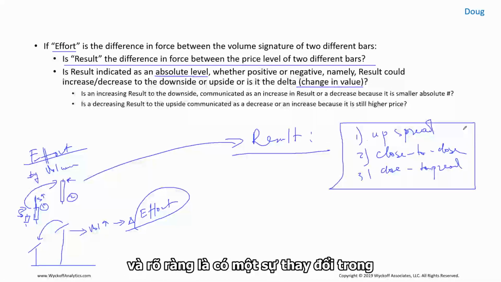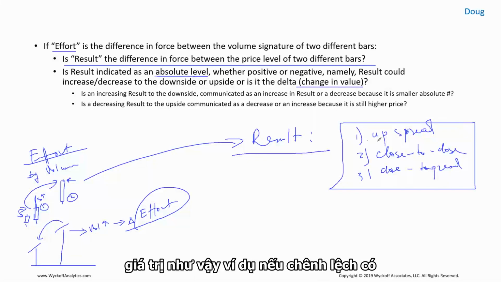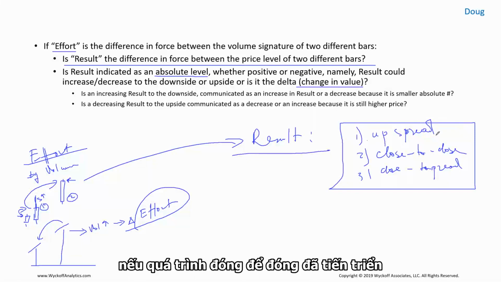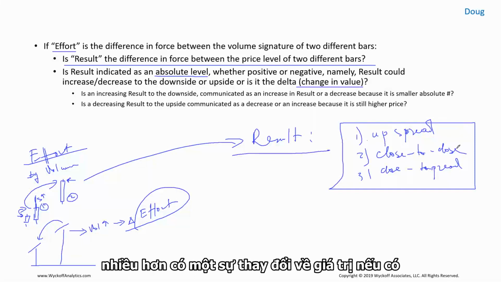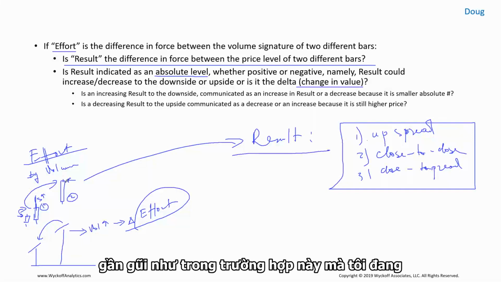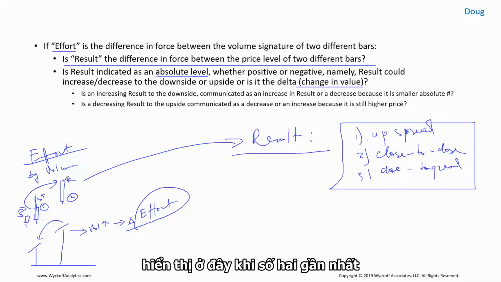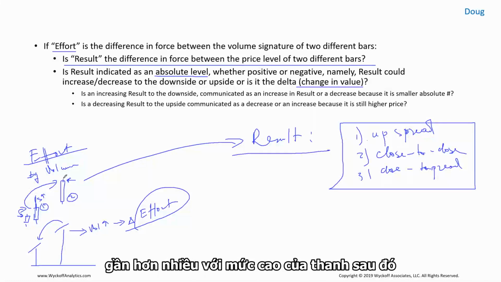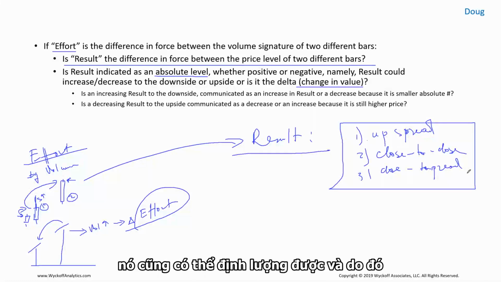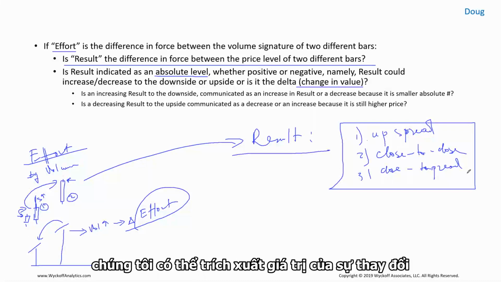And obviously, yes, there is a change in value. So for instance, if the spread has increased, there is a change in value. If the close to close has progressed more, there is a change in value. If the close, like in this case that I'm showing here, bar number 2, is much closer to the high of the bar, then it's quantifiable as well, and therefore we could extract the value of change.